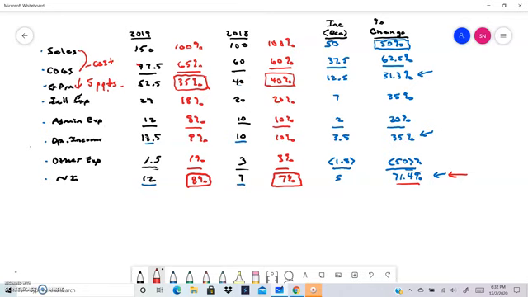The other possible reason might have been the fact that our actual pricing of our product, our sales price, might have declined. Overall, the pricing of our products or the mix of our products was such that we were actually achieving a lower per unit selling price.